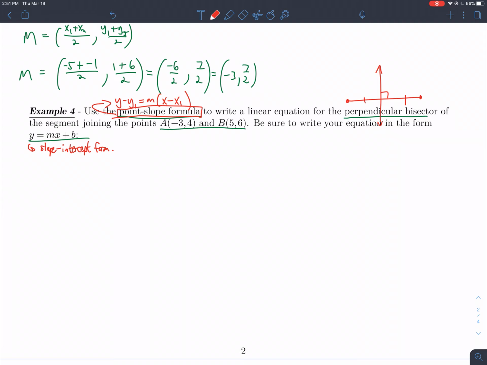So this is a lot of stuff going on here. So let's draw a picture. I have my segment AB, and I want to find the perpendicular bisector of that. So let's draw segment AB.